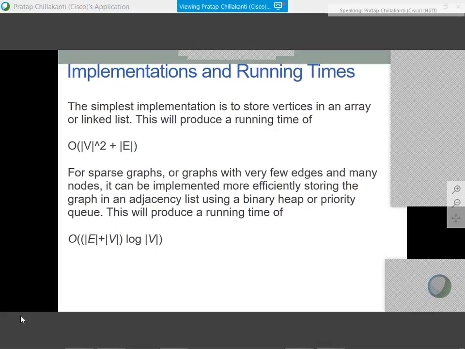Where we'll use an adjacency list. Somewhere along the way in this course, I talk about adjacency lists and adjacency matrices. Okay. And then we use what is known as a binary heap or a priority queue, where the order would now become order of E plus V log V, which is much better than V squared. Okay, log is good, remember?